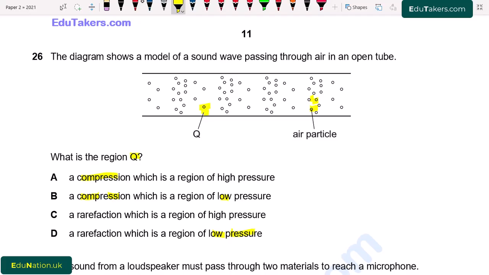So first of all, at the region Q, the particles are further apart from each other, but at this region the particles are closer to each other. So this region is basically compression.